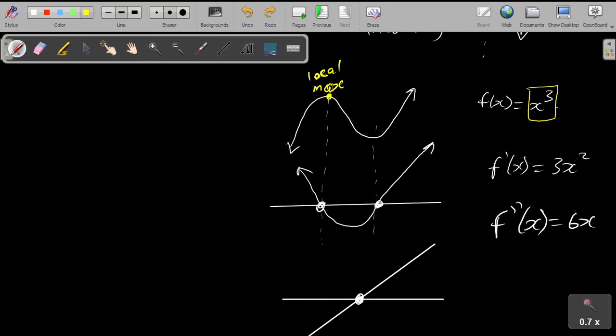You can find that this local maximum is not the ultimate highest point of the whole graph. So with respect to the points found immediately next to it, it is the highest, but it might not be the highest for the whole function.